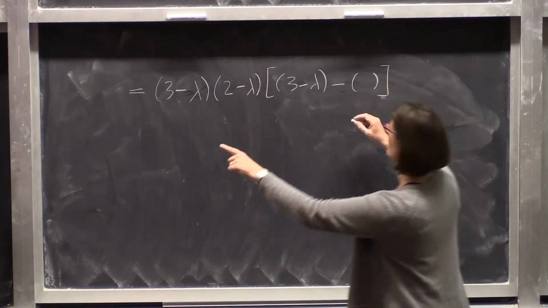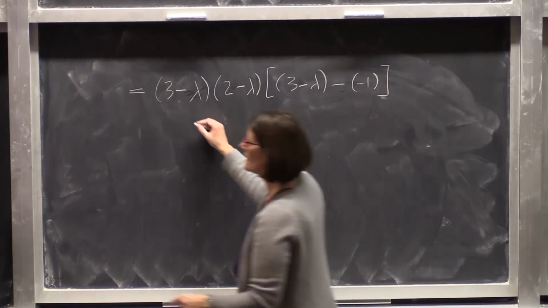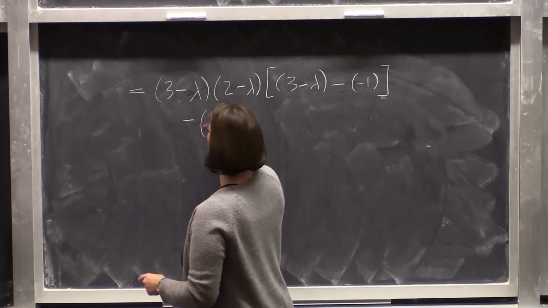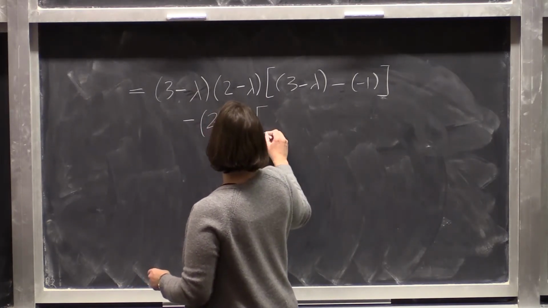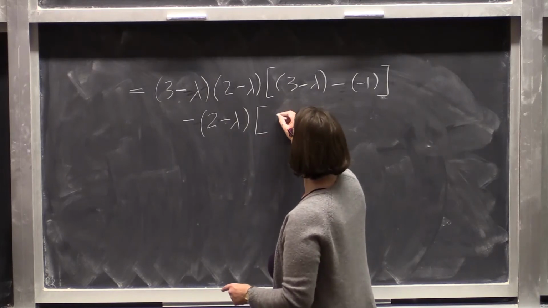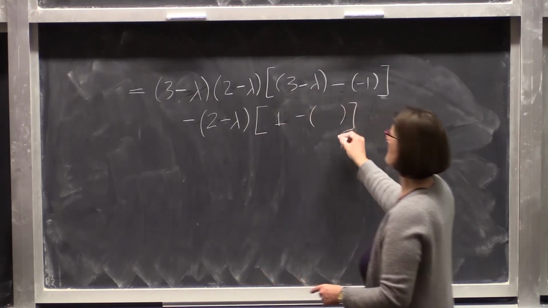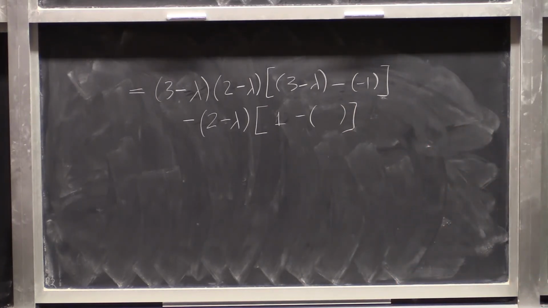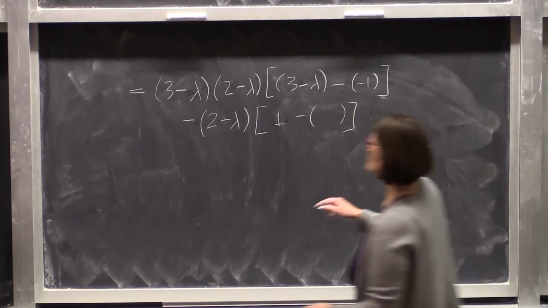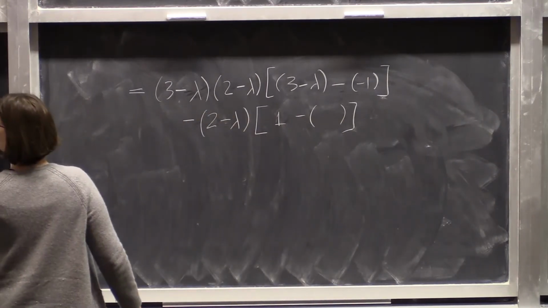Minus 1. And here I have minus 2 minus lambda, 1 minus... So what did this leave behind?